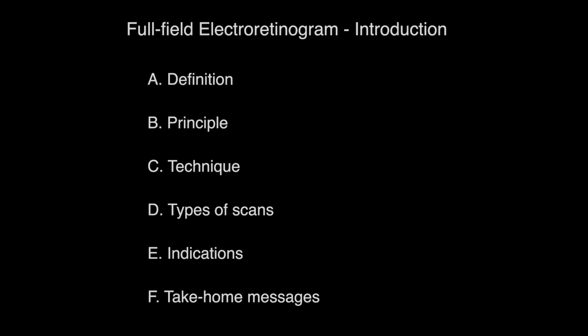Let's get started. Definition. The ERG, or electroretinogram, is a diagnostic test that measures the electrical activity of the retina in response to a light stimulus. What is the principle? The ERG arises from currents generated directly by retinal neurons, combined with some response of the retinal glia.